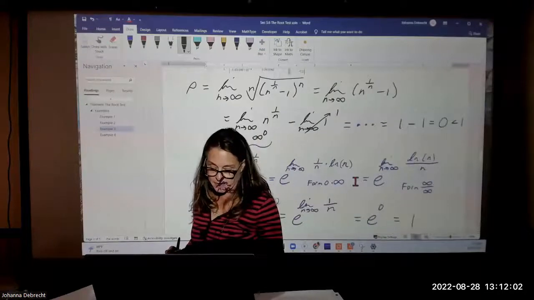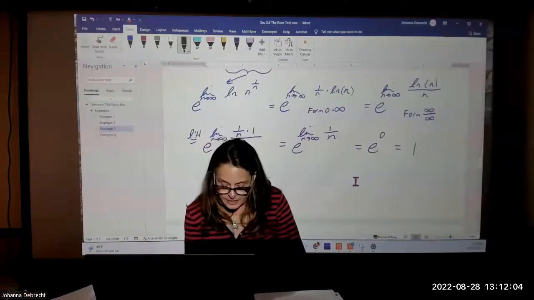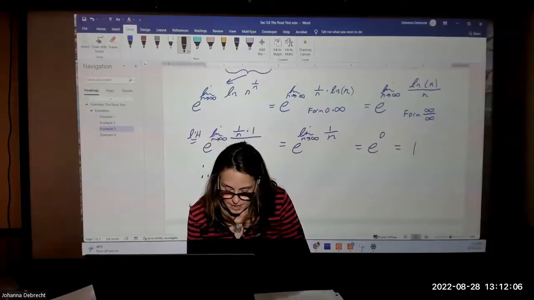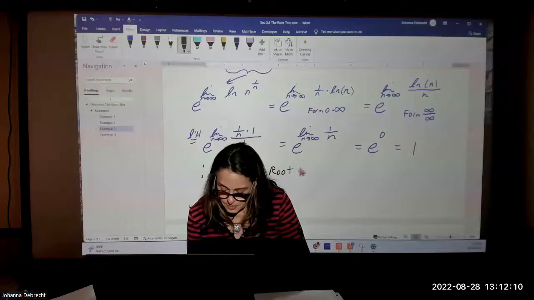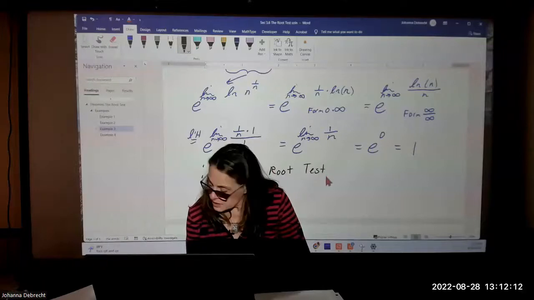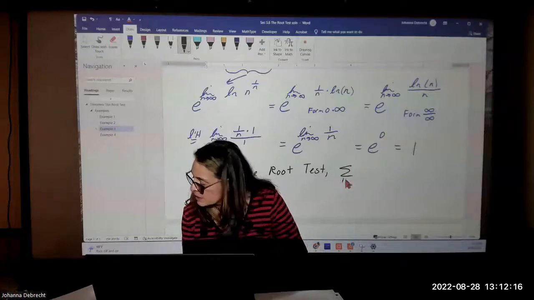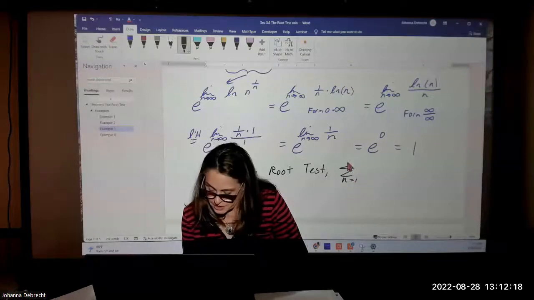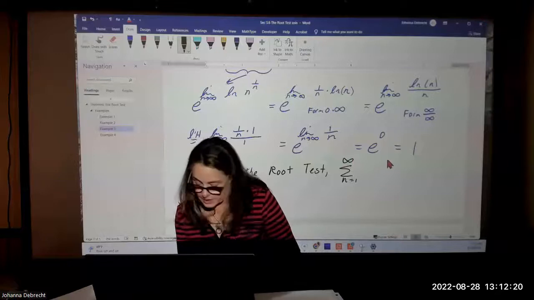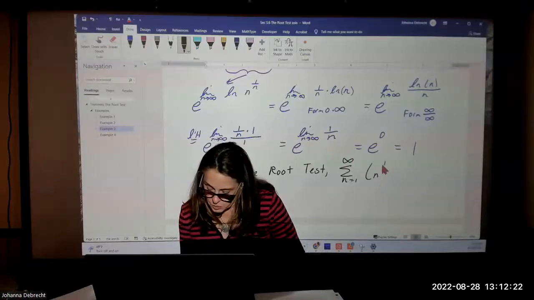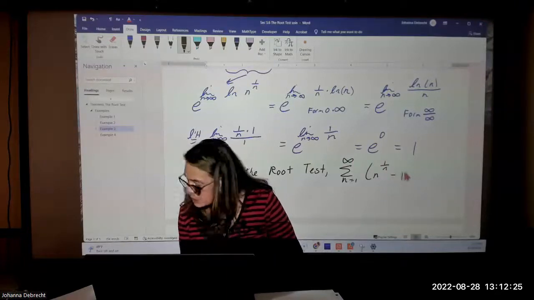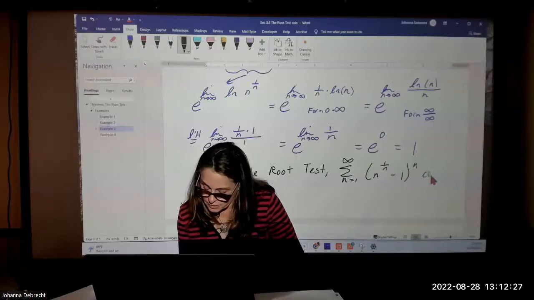So then I have my final result, right? Therefore, by the root test, the series from n equal 1 to infinity, making sure I'm doing the right one, of n to the 1 over n minus 1 to the n converges absolutely.